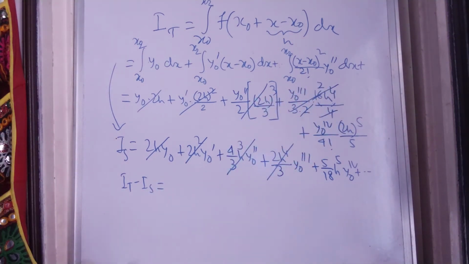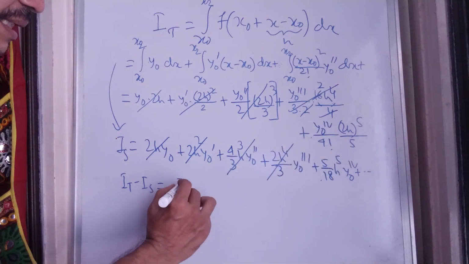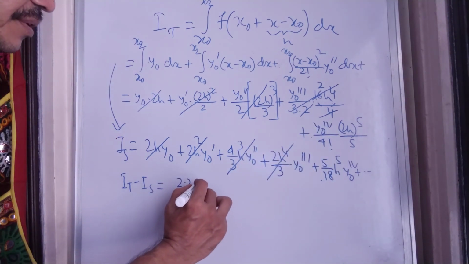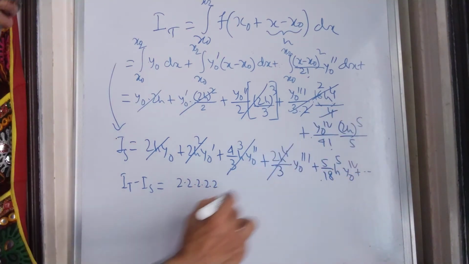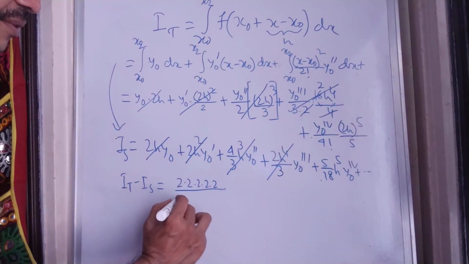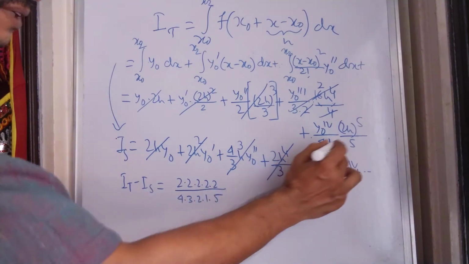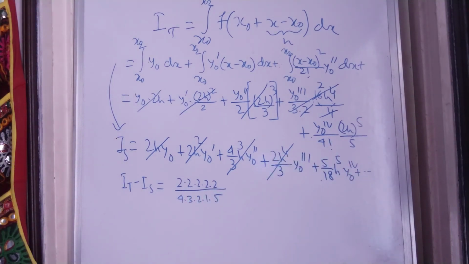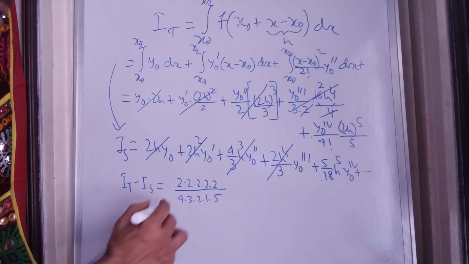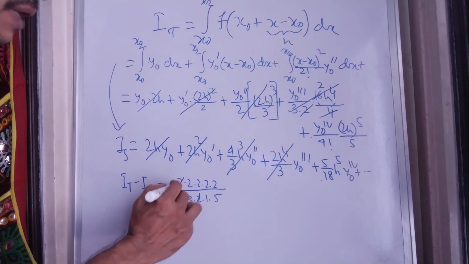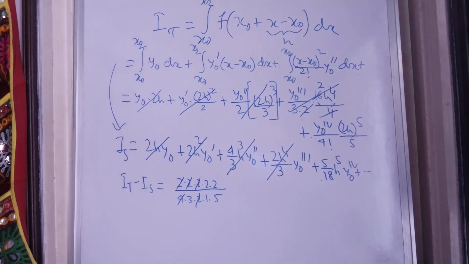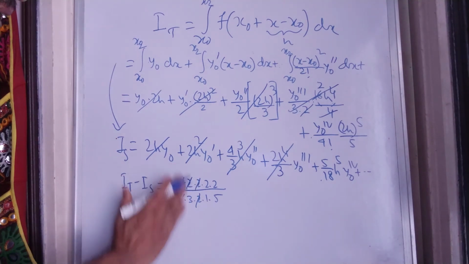So the first term which doesn't match is this. And what is the value? If we calculate it, here we have 2 to the power 5, and here we have 4 into 3 into 2 into 1 into 5 in the denominator. Isn't it so? So the 2's cancel, and we have 4 by 15 here.